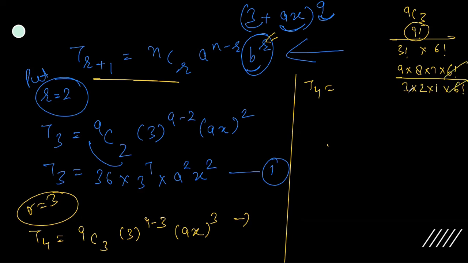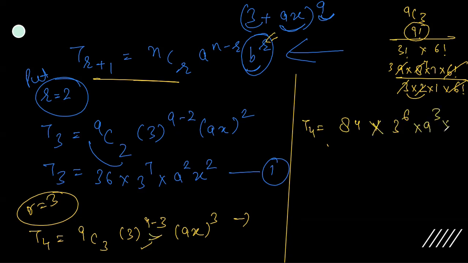They cancel out. 9 divided by 3 times 3 is 3, and 2 times 4 is 8, so it is 3 times 4 times 7. 3 times 4 is 12, and 12 times 7 is 84. So T4 equals 84 times 3 raised to the power 6, because 9 minus 3 is 6, times a cube times x cube. I'm just opening the bracket.